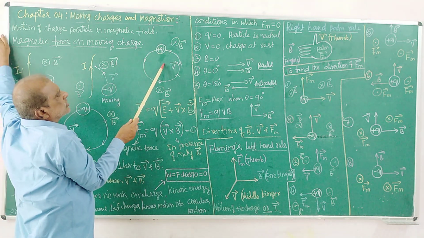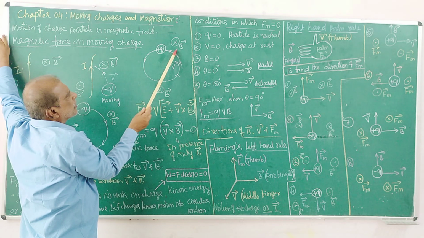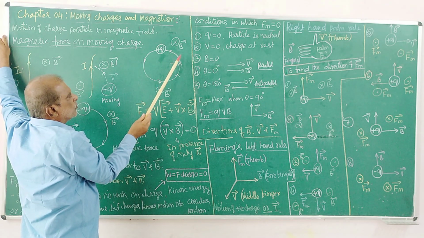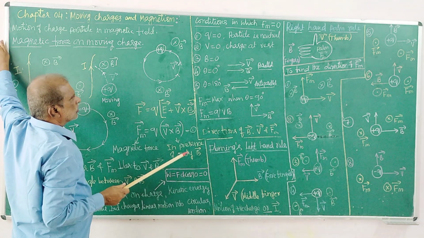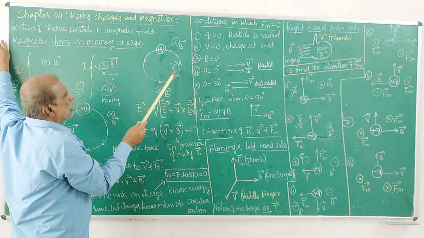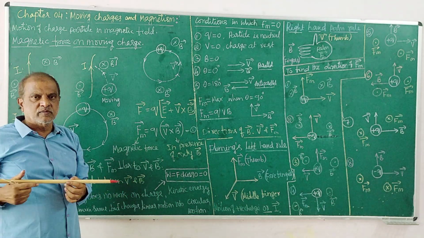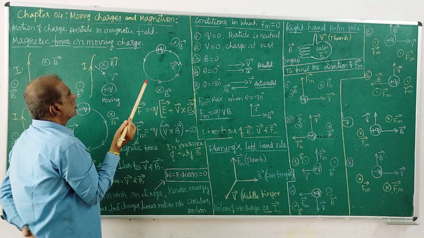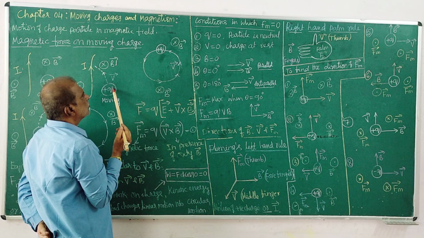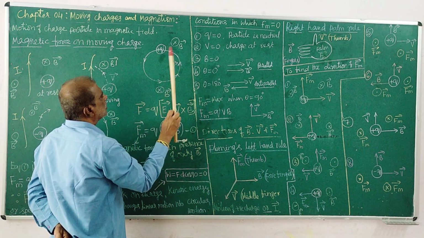Here, let us assume a uniform magnetic field in the space. Uniform means that at every point in the space, the magnetic field strength remains the same. Magnetic field intensity remains the same. Now the charge enters the magnetic field linearly.